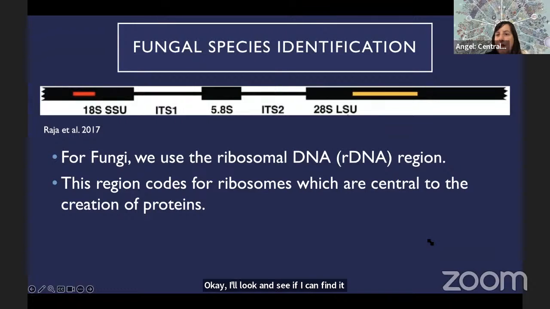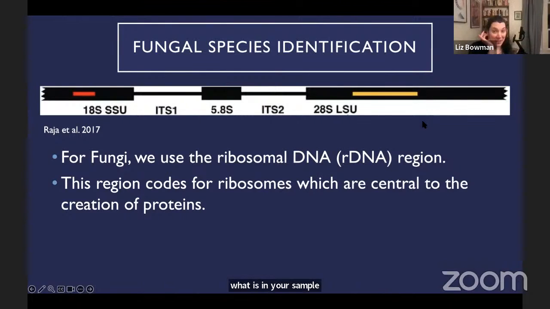Keith asks, and I had this question too when you shared the blasts, how good are the databases for identifying what is in your sample? That's a very good question, because your identification is only as good as the database it's being compared to. NCBI does have some issues. With these environmental samples, so many new species are being found.